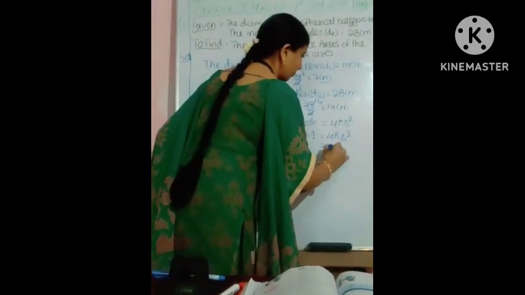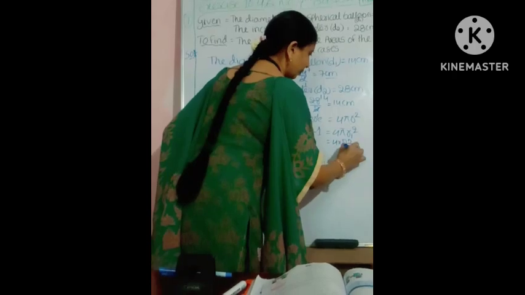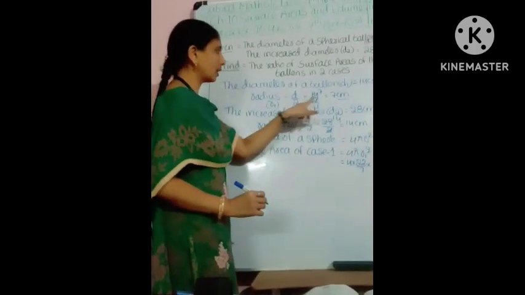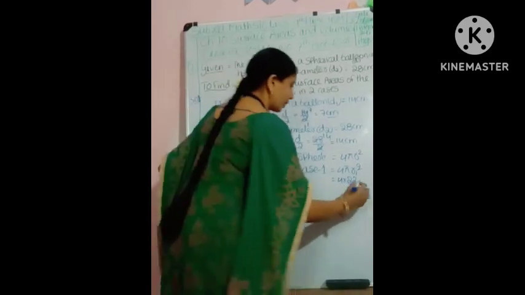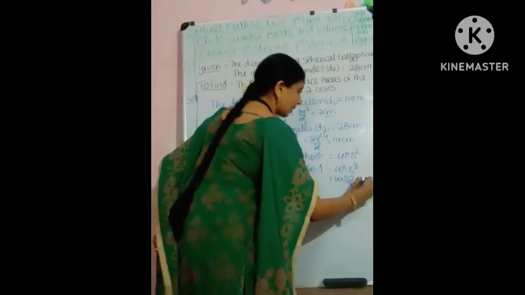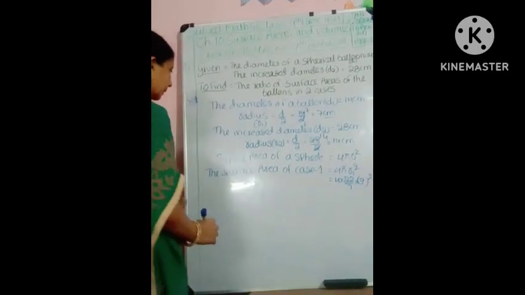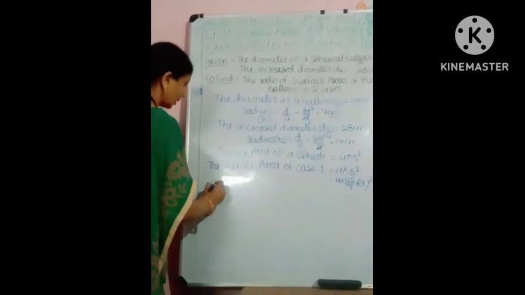Next, 4 into π value. Do you know the π value? 22 by 7. What's the R1? The R1 value, or radius, from the original diameter, is 7. So 7 square. Okay.